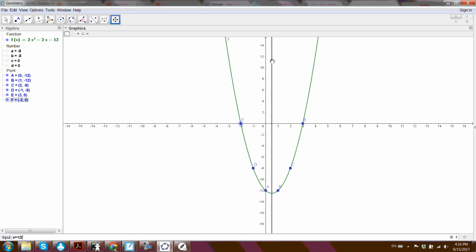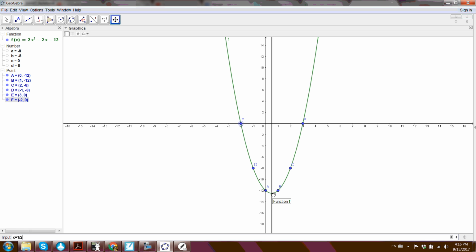So this line is called the axis of symmetry. It's halfway between the two x-intercepts. It will always be halfway between the two x-intercepts, and it will always be halfway between two points that have the same output on the function.